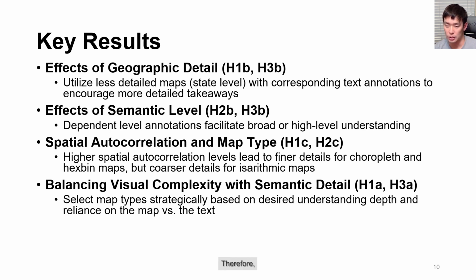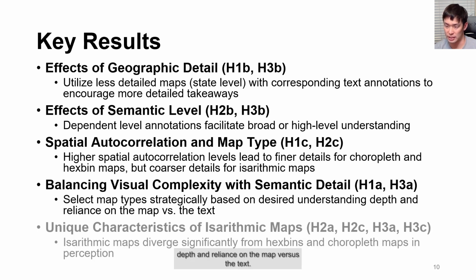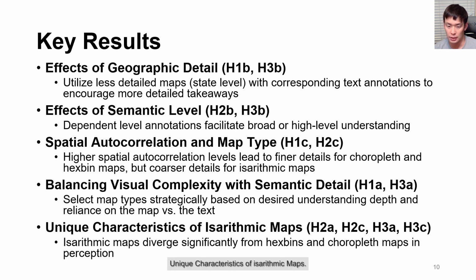Therefore, select map types strategically based on desired understanding depth and reliance on the map versus the text. Unique characteristics of isarithmic maps. Isarithmic maps encourage higher semantic level takeaways, but may lead to coarser detailed takeaways. Isarithmic maps diverge significantly from hexbin and choropleth maps in perception.